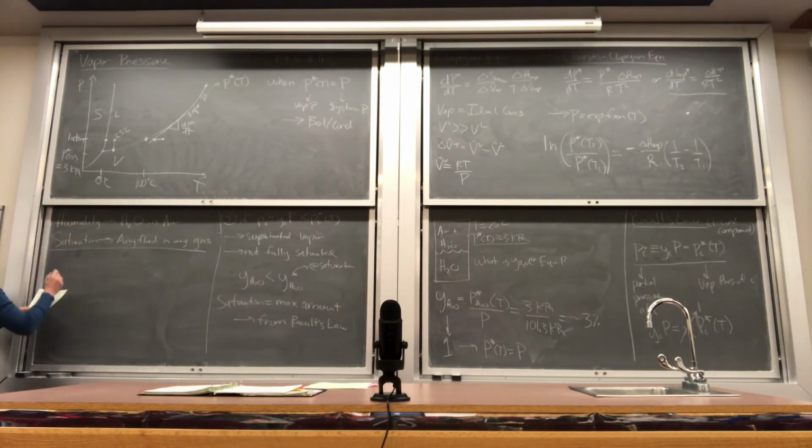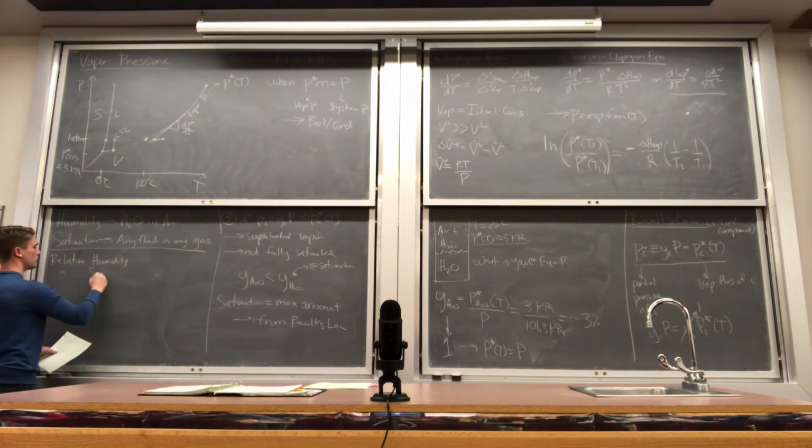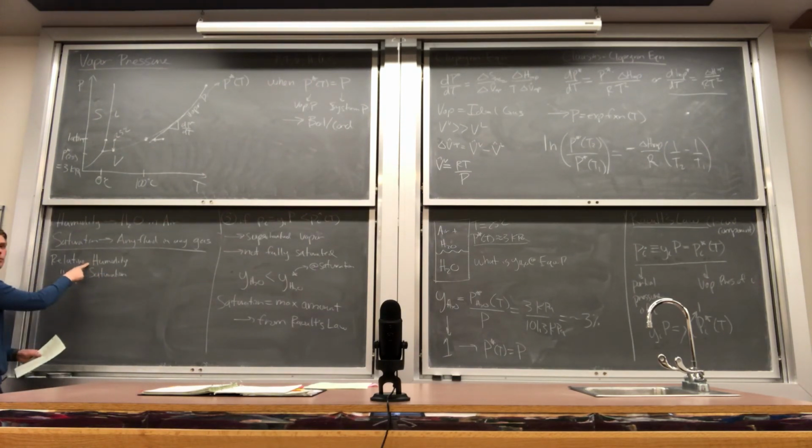So we have a definition of relative humidity. Now this is the humidity you hear about on the news. We can also call this relative saturation. Right, so we'd use the term humidity if we're talking about the weather and how much water is in it, or we'd use saturation if we're talking about some tank of some other compound.